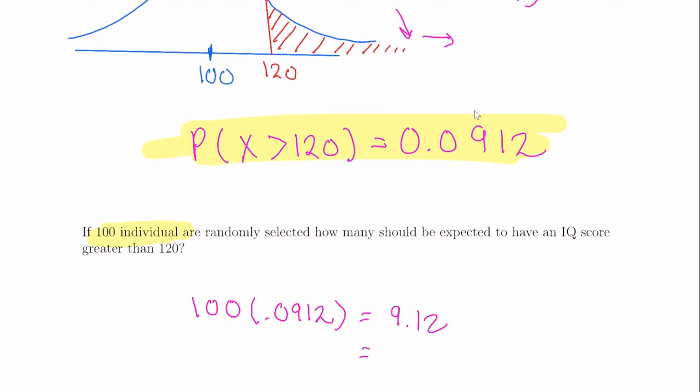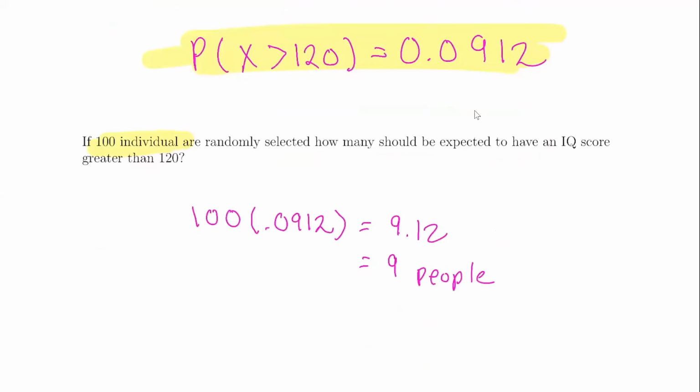So roughly, we should have 9 people. So we'll say, if there's a room of 100 people, we should expect 9 people to have an IQ score greater than 120. And that's it for that problem. Any question in regard to the last problem? All right, so let's scroll on down.